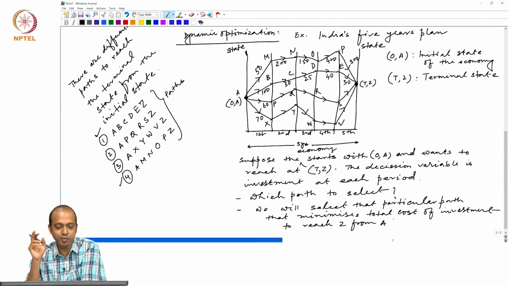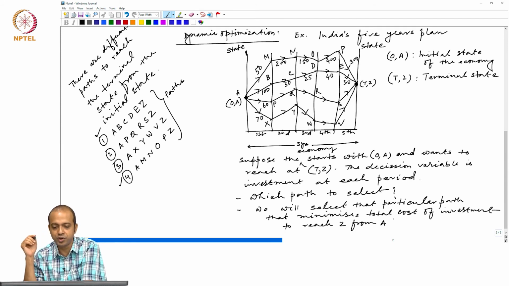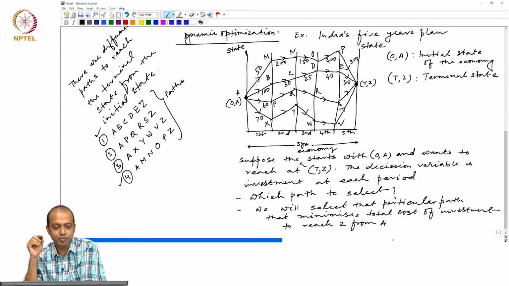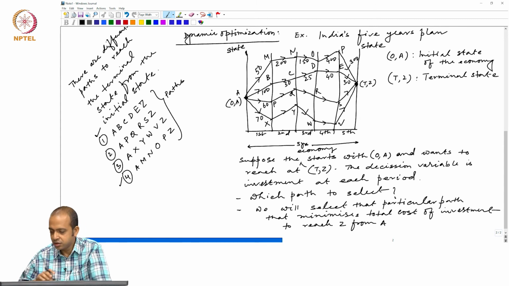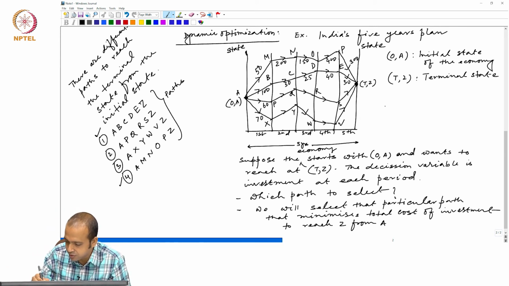If you are guided by myopic vision, obviously you will select this path A, M, N, O, P and Z, because here the cost of travel from A to M is minimum. But I am not only travelling from A to M, I have to reach from A to Z. That is why total cost should be minimum. That is the idea. So, here time period is considered as discrete. This is a discrete time period.